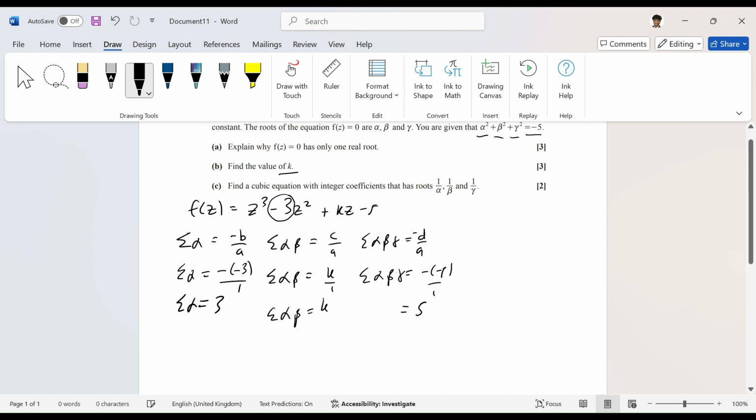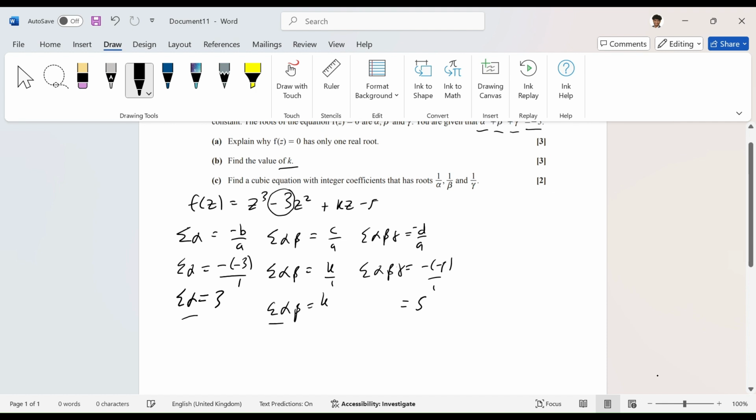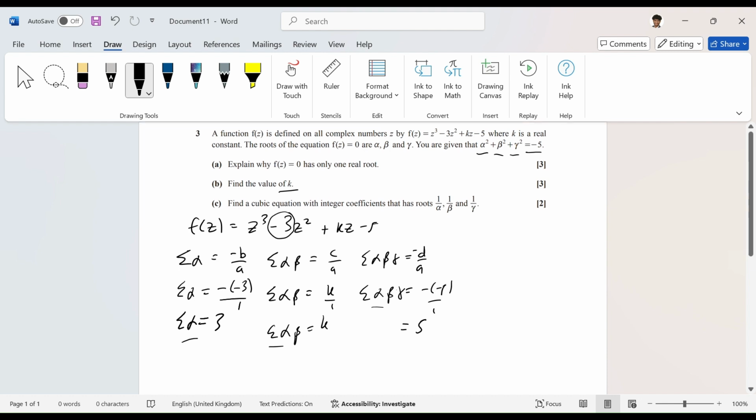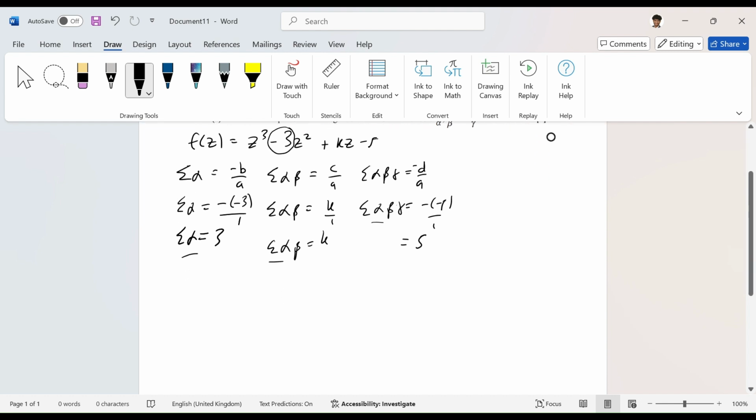Is there a way that we can use any of these three terms to get alpha squared plus beta squared plus gamma squared? This is quite a common question type, so you might already know. What we can do is take alpha plus beta plus gamma, all squared. If we expand that, we'll get all three squared terms plus some other terms. So I'm going to go ahead and expand it.